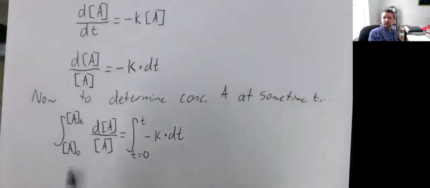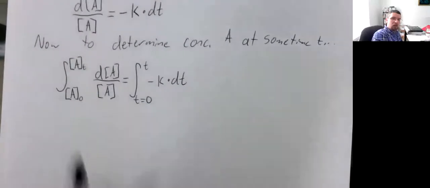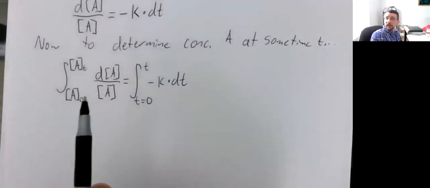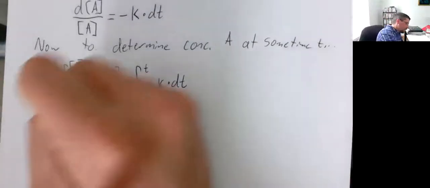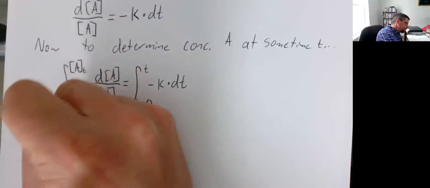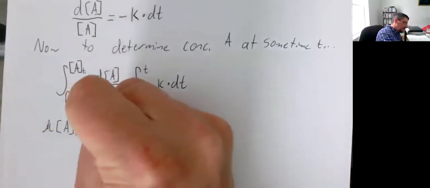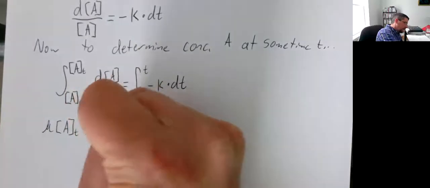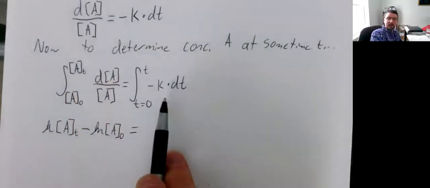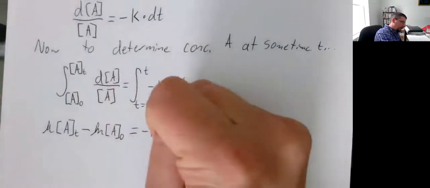Okay. These integrals are easy to solve. They're from your calculus class or Calc 2 class. We know 1 over x should get us an ln of x. So what ends up happening is we get ln of A at some time t minus ln of A naught is equal to, this side's pretty easy, so we can pull the negative k out.